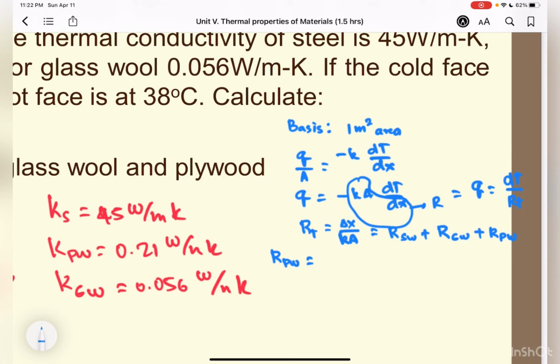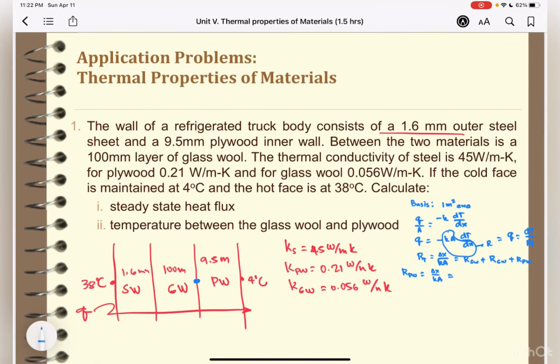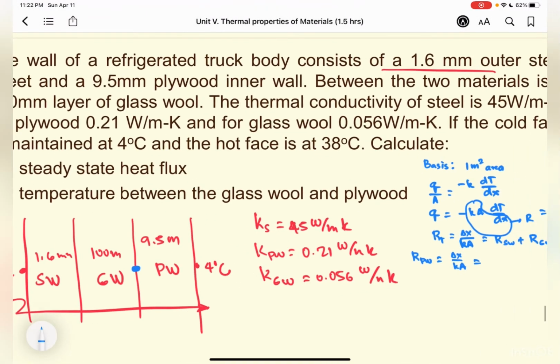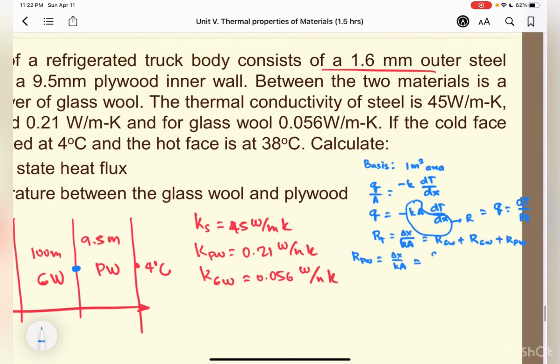Find resistance of the plywood first. Resistance of the plywood is delta x over KA. What's the delta x? It's 9.5 millimeter, or that would be 9.5 over 1,000 to make it as a meter. K is 0.21 for the plywood, so it's 0.21 times a basis of your area of 1 meter squared.